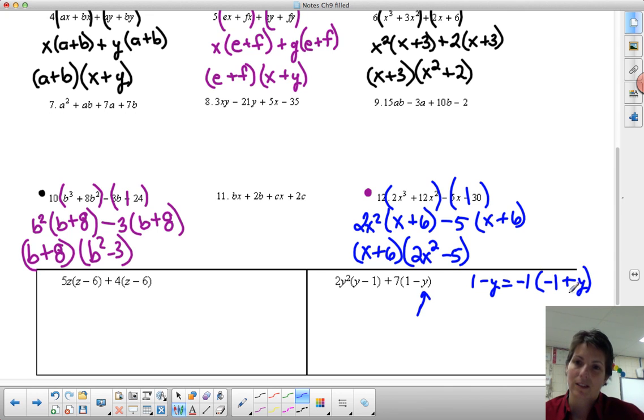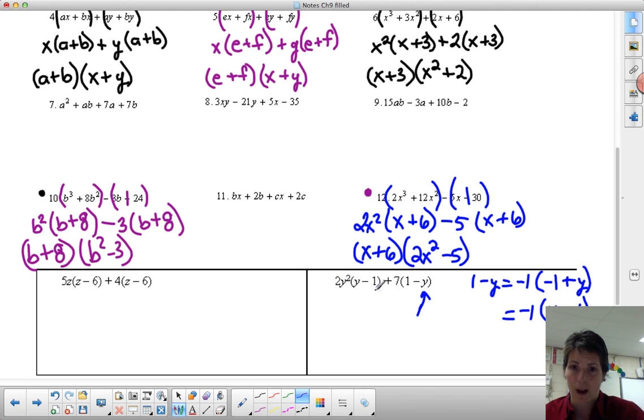So that once I have this negative 1 plus y, with an addition, I can reorganize my order, so that negative 1 times y minus 1. I'm okay with you just memorizing that 1 minus y is equal to negative 1 times y minus 1. I'm okay if you memorize that, but I wanted you to know why it works.